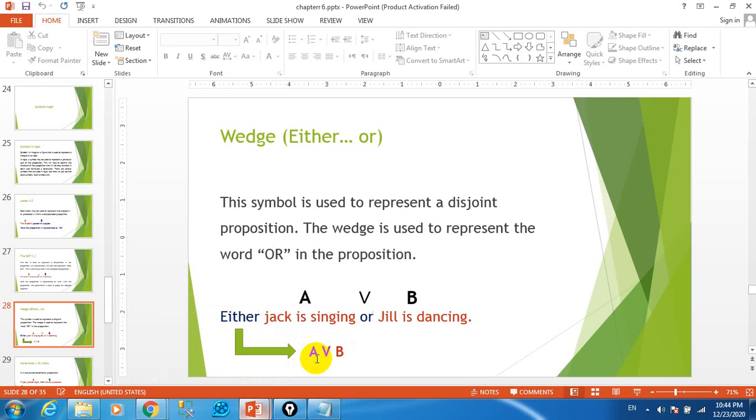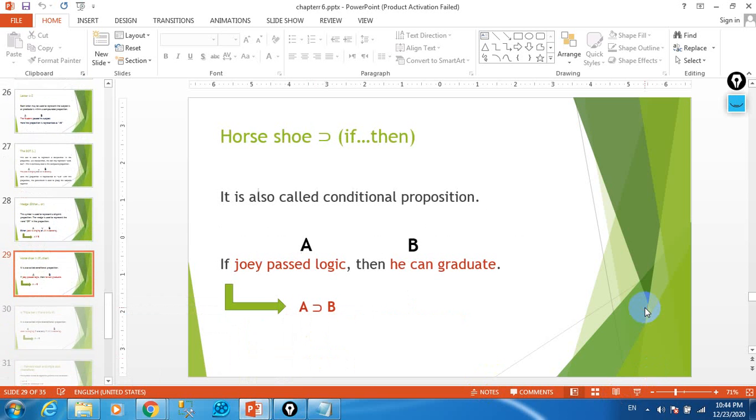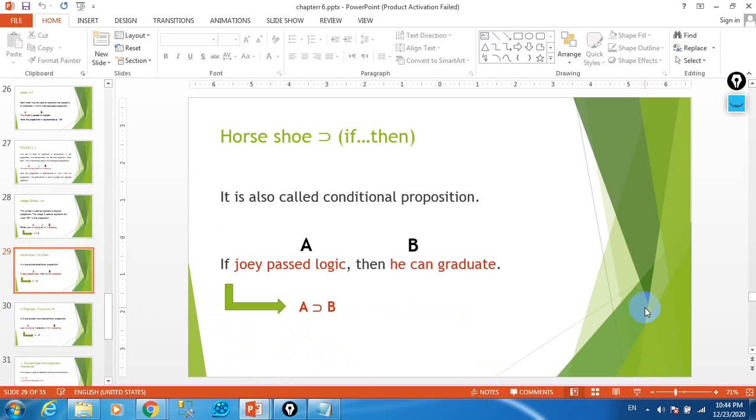Okay, so next what we have? Horseshoe. Horseshoe means if and then, if we have a condition and a proposition. For the representation of condition and proposition we are using the horseshoe.